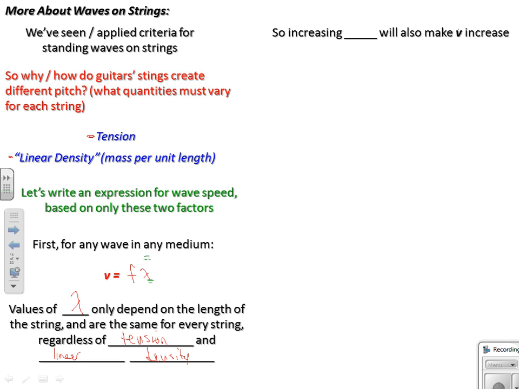So if we want to increase frequency, what we have to do is change the speed of the wave. If we want a string to vibrate at a higher frequency, we have to make the wave travel faster on it.